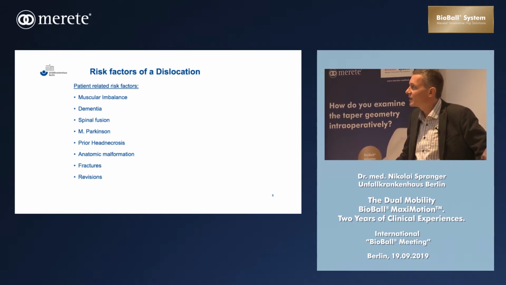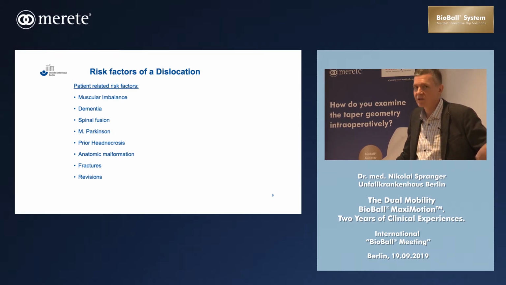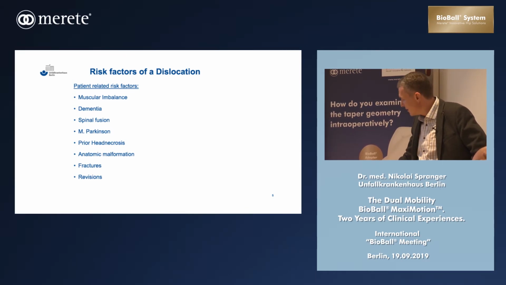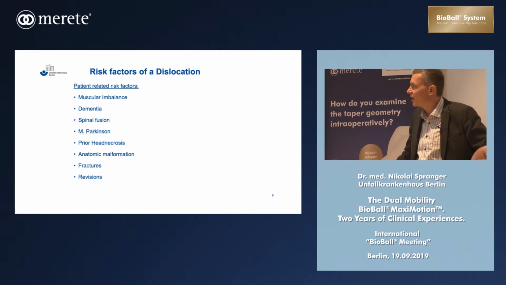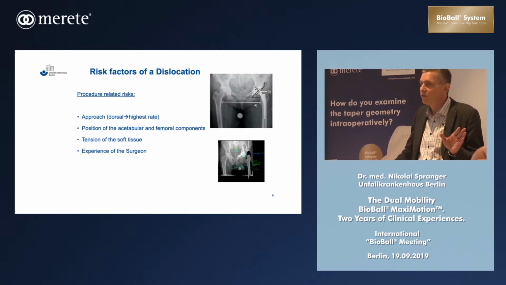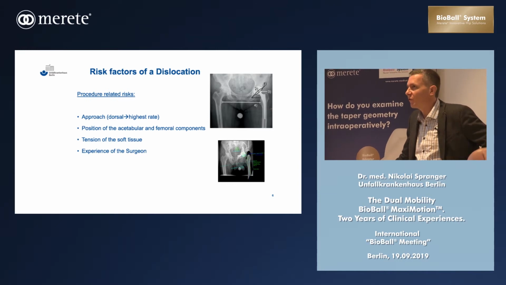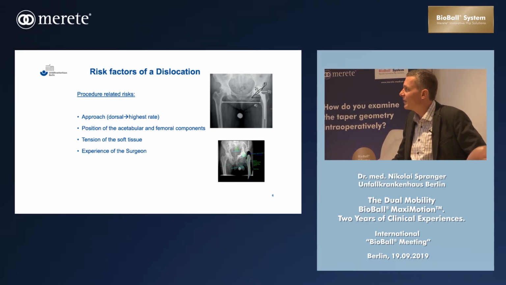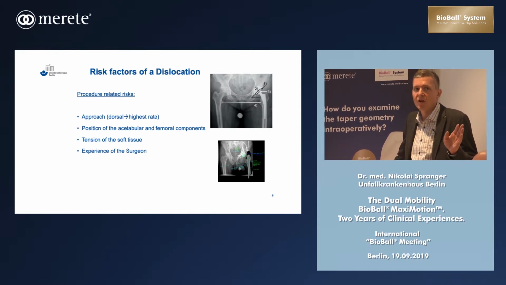But there are some more things we can't influence, such as dementia, spinal fusions, morbus Parkinson, prior head necrosis of the femur head, anatomic malformations, fractures, and revisions in the past. So these are the risk factors for dislocation that you have to know before you go into the surgery. And maybe one of these reasons may lead you to the primary decision for a tripolar cup as well.